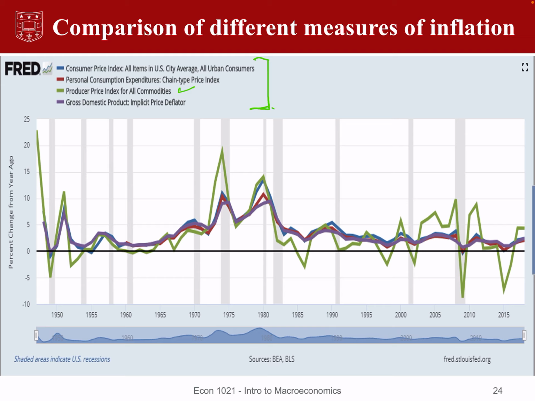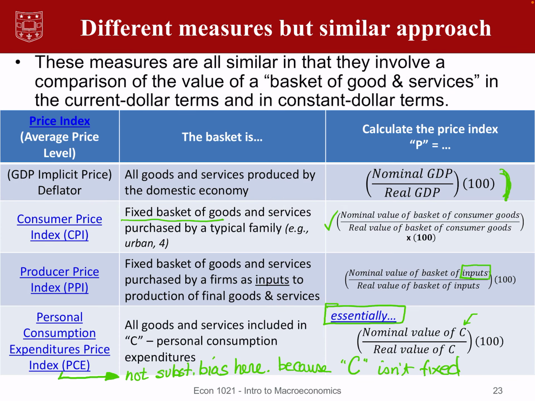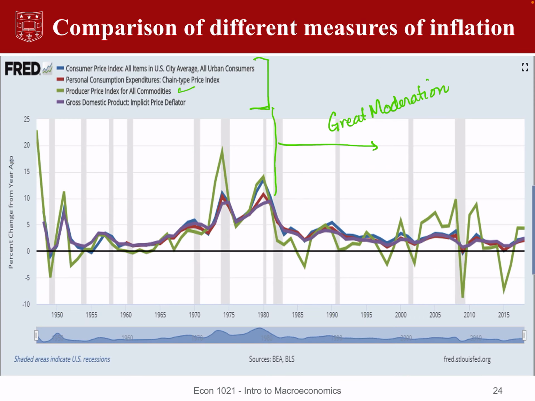You can see from this point forward, at least for inflation, this idea of the great moderation, just that GDP and other macro variables became somewhat less volatile. And you can see that as one measure of inflation goes down, so too are the others for the most part.